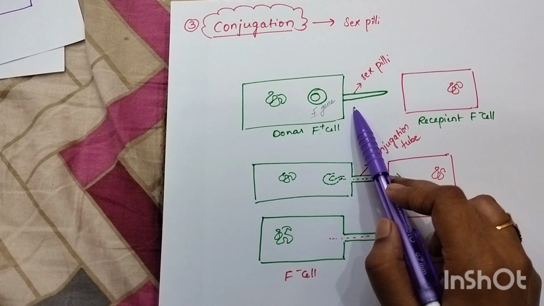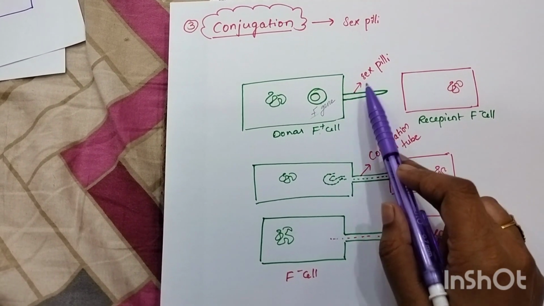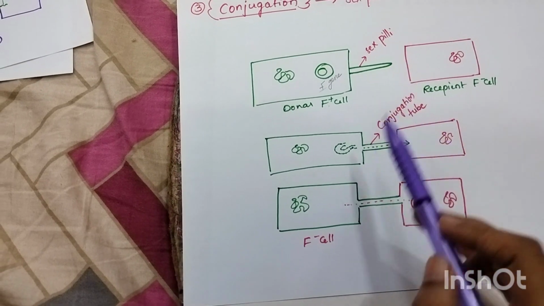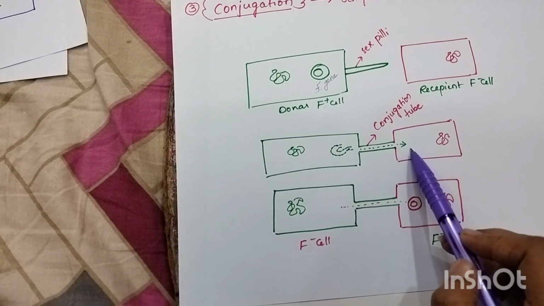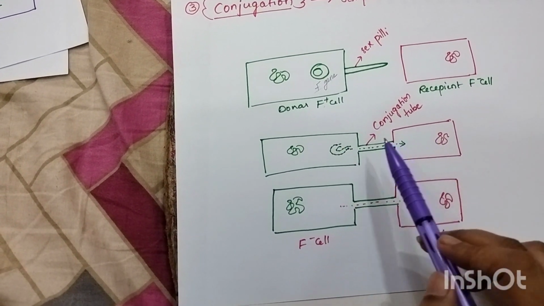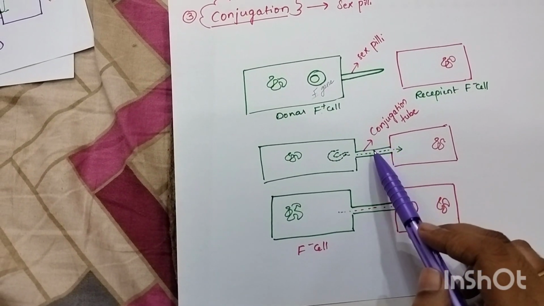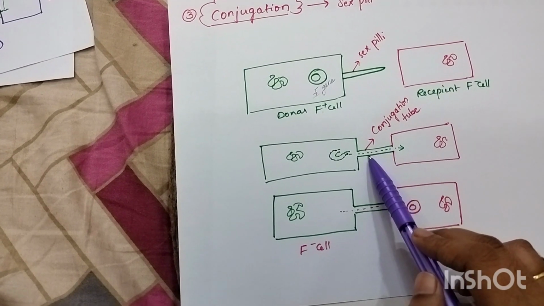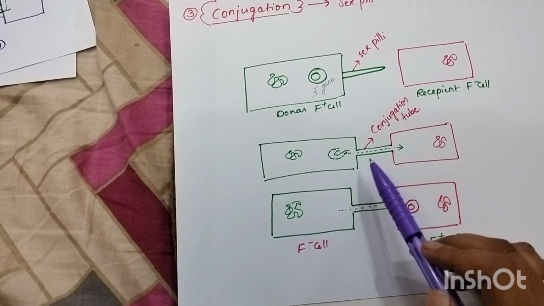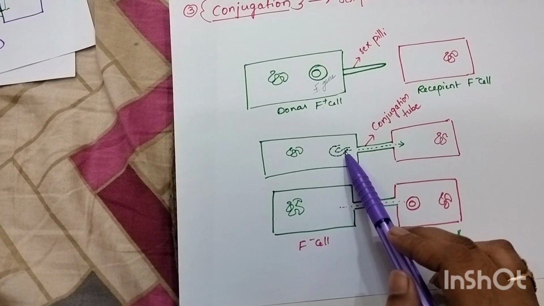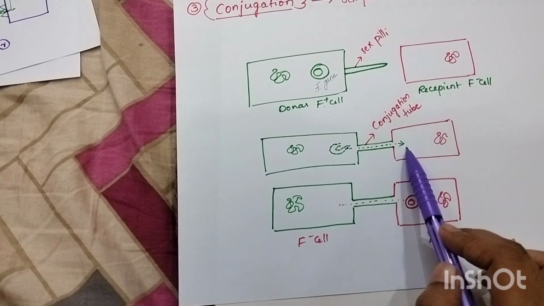So it forms a sex pili. Now with the help of that sex pili, this donor cell fuses with the recipient cell. It forms a conjugation tube between the donor cell and the recipient cell with the help of sex pili. Once this conjugation tube is formed, this donor cell starts donating its plasmid to the recipient cell.